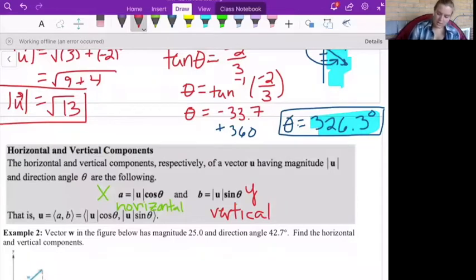And so again, thinking about how we write a vector, we're going to write it with the horizontal and vertical because it's the X and the Y.